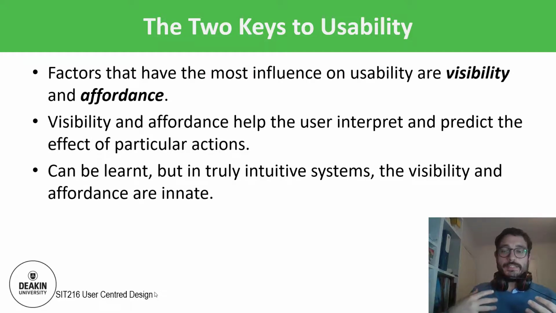So this is something that is referred to as being visible, because you see the handle straight away or you don't see the handle, and is affordable. When you say affordable, it's not about the money, but it's the fact that the design that we have made is self-explanatory.